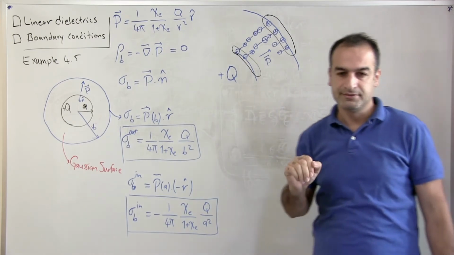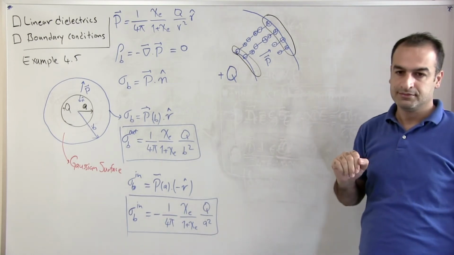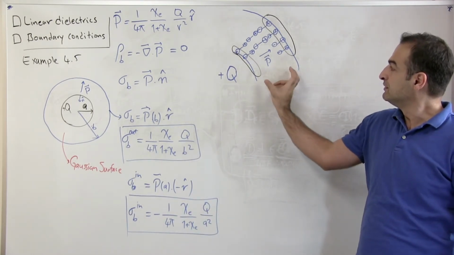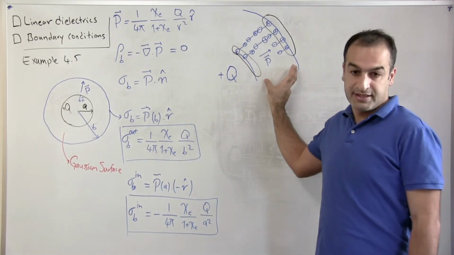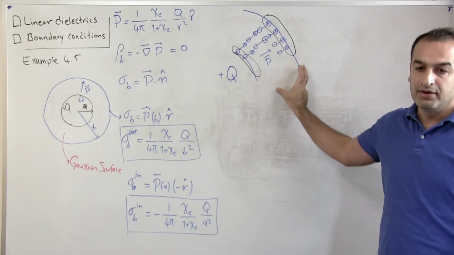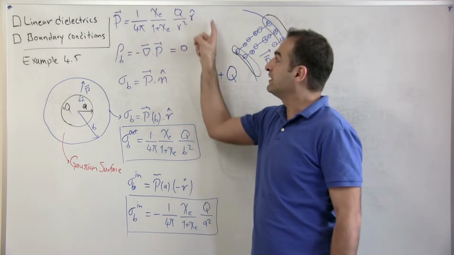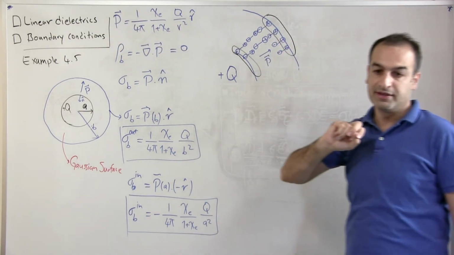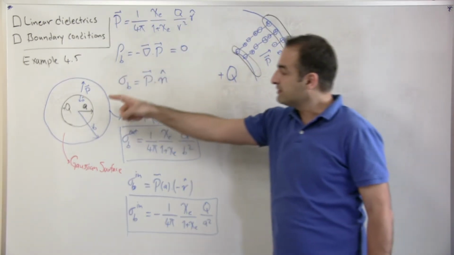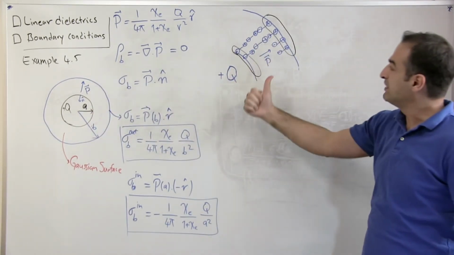So from A to B, the material is always in this space, and the material is polarized. This is the polarization vector that we have for any point in this material. If Q is positive, the direction of the polarization is outward.